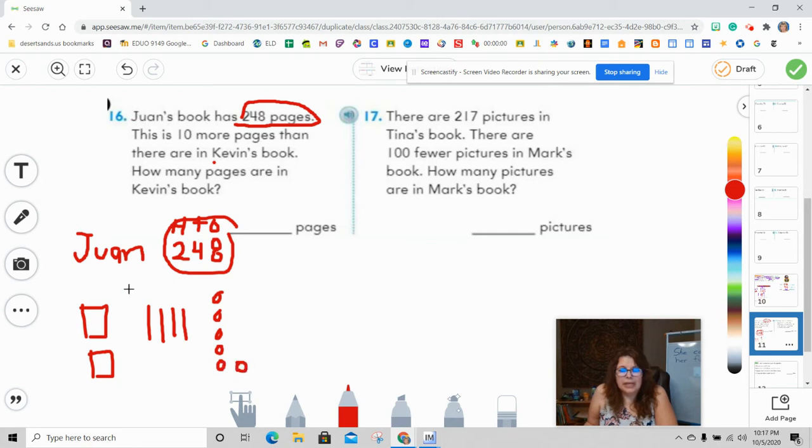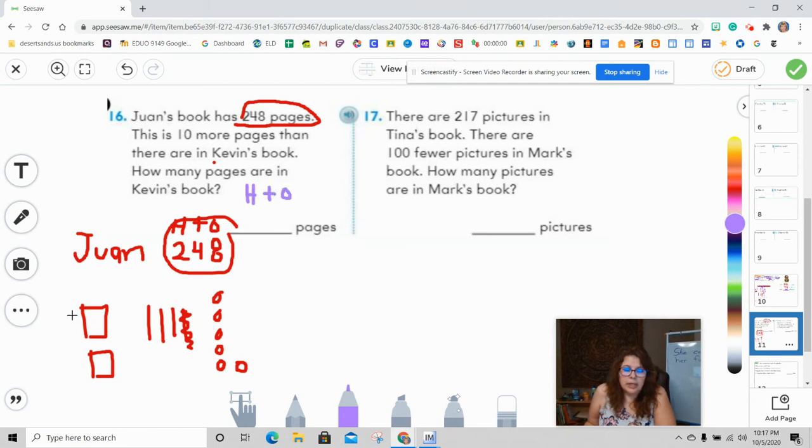Now this number is 10 more pages than Kevin. So if this is 10 more than Kevin's, that means Kevin has 10 less. That's what it means. This is 10 more. So that means I have to take away 10 to know what Kevin has. So I'm going to write HTO.